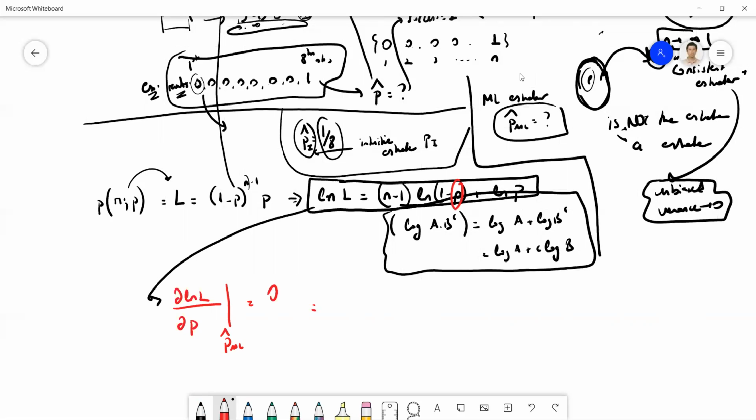And when you do that, n minus 1 is a constant here. For 1 minus p, the derivative of 1 minus p is going to be equal to minus 1, divided by this whole expression. For those who can remember, the derivative of ln u with respect to, let's say, x, is going to be u prime, du over dx, divided by u.